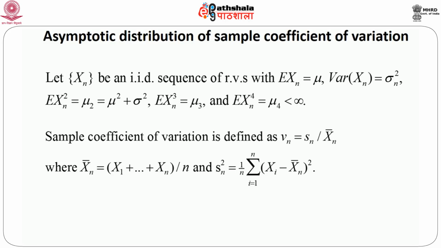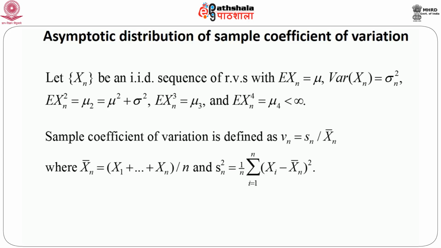It is difficult to derive the exact distribution of the coefficient of variation, but if we have a large sample size, that means when n goes to infinity, we are able to derive the asymptotic distribution of the same statistic, and the form is really compact and nice. We will see how it can be done.